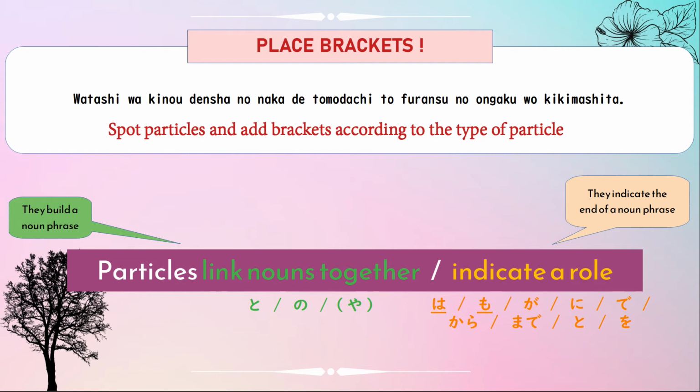But if you have wa, mo, ga, ni, de, kara, made, the "to" that means "with", or o, then you add the bracket because your noun phrase is over, since this particle indicates the role of the noun phrase. So first, add the brackets and then try to translate the sentence.